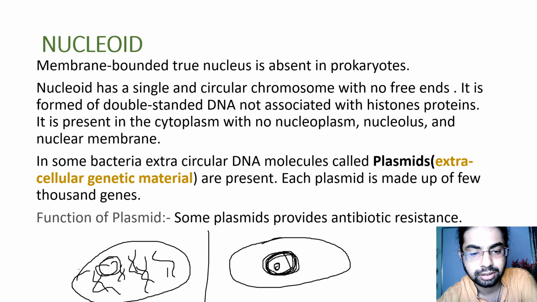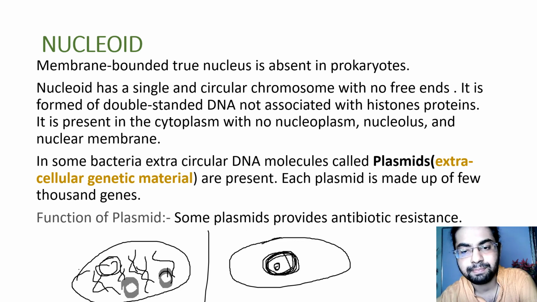Plasmids are extrachromosomal DNA. Each plasmid is made up of a few thousand genes. So what is the function of a plasmid? Some plasmids provide antibiotic resistance. So if plasmids are present in bacteria, some plasmids give resistance to antibiotics.